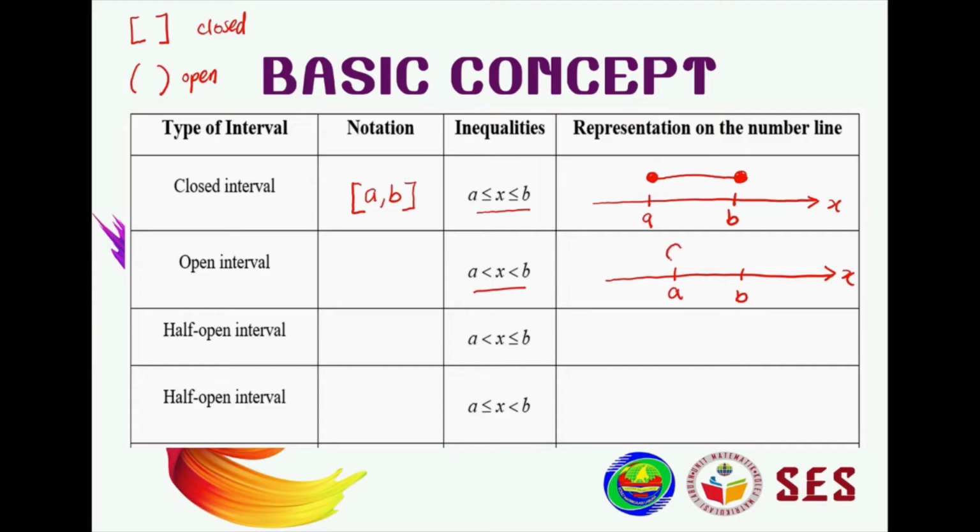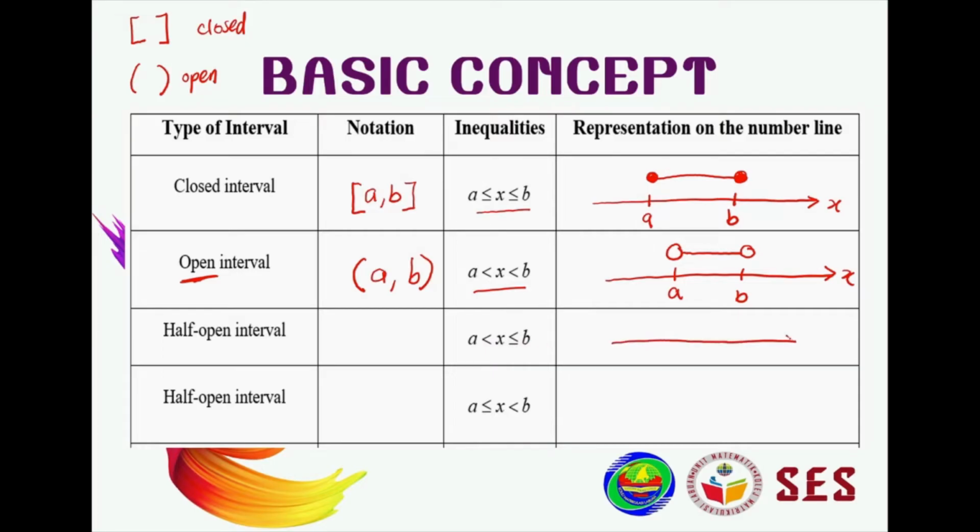So it is a white circle for A and B as well because there is no equal sign. Connect the dots. So what about the notation? No equal sign, white circle, hence it's an open bracket. Well, obviously, because it's an open interval. Open bracket for A, what about B? Same.